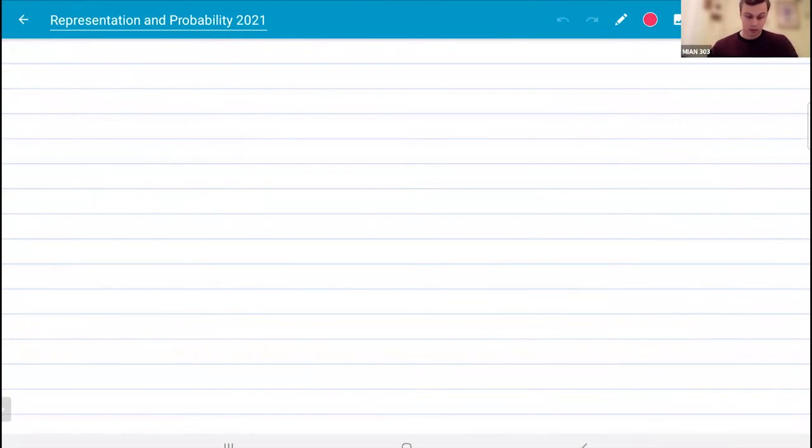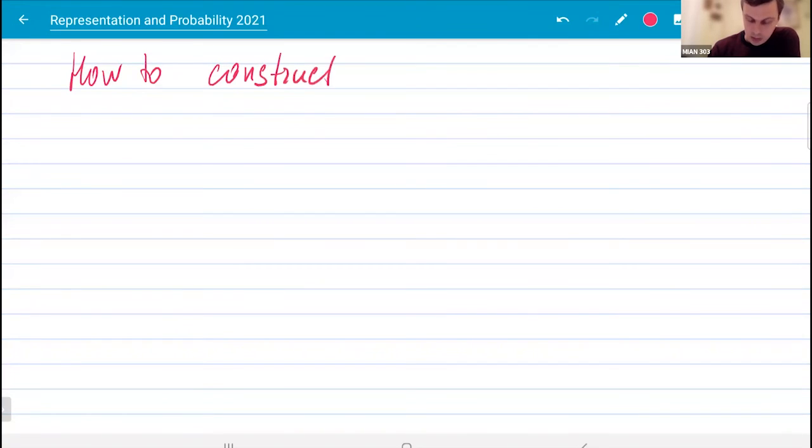So the first thing is how to, well, let's say construct, but the word construct here is a bit misleading, because of course we don't present any of them. They will be some sort of non-explicit or implicit construction.